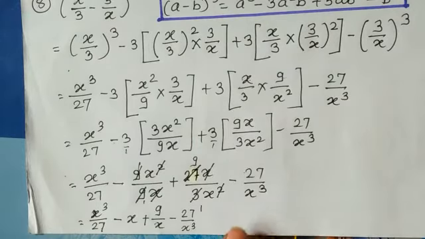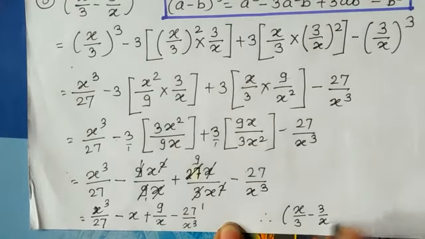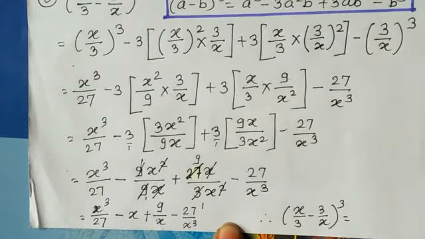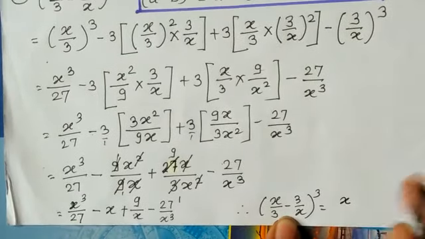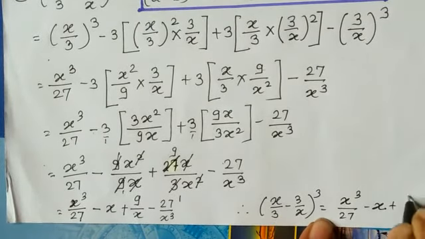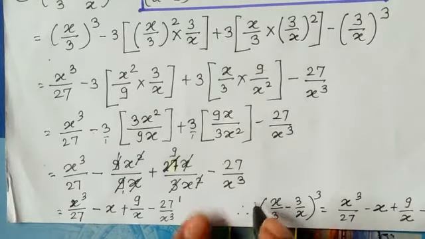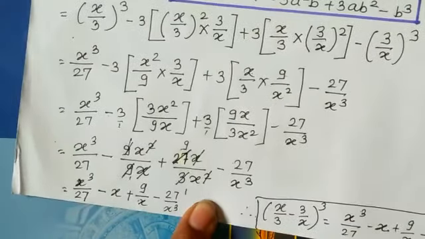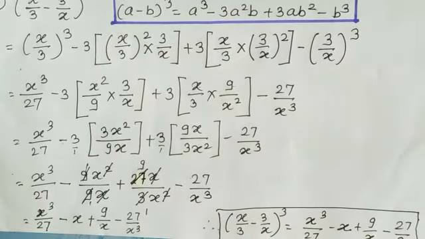How are we going to write it? Therefore x upon 3 minus 3 upon x, bracket raised to 3, is equal to x raised to 3 upon 27 minus x plus 9 upon x minus 27 upon x raised to 3. So this is our answer. If you want, you can take the screenshot.